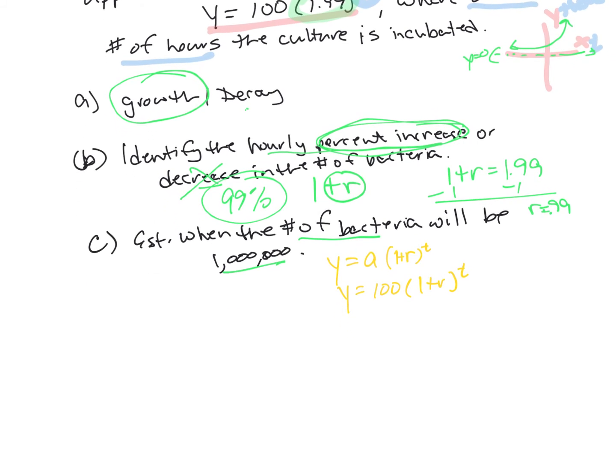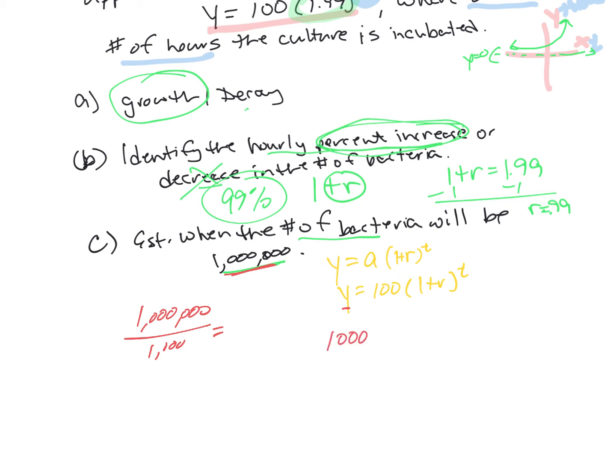The one thing you have to be careful with here is they already told me the bacteria was in thousands. Y was in thousands. So I can't just place this 1 million right here. I technically have to take this 1 million and divide it by 1,000 first, because it's in thousands.